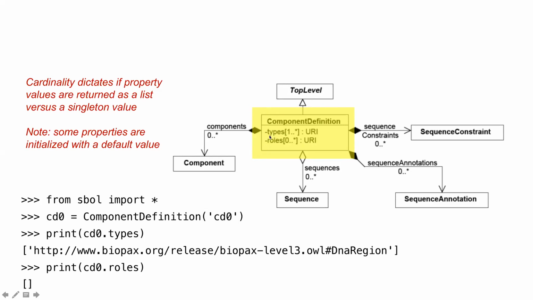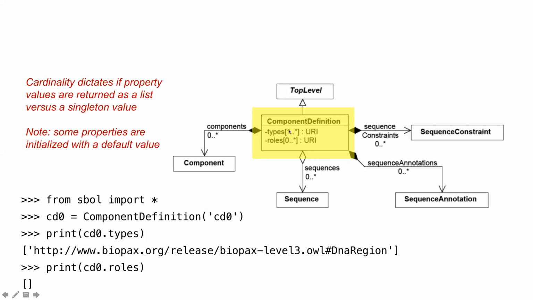A types attribute, you saw that in some of the previous slides, is the field that gets initialized with an ontology term that says this is a DNA component. The roles is also an ontology term, using a sequence ontology term.